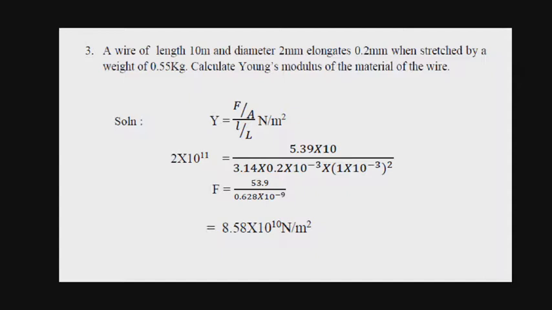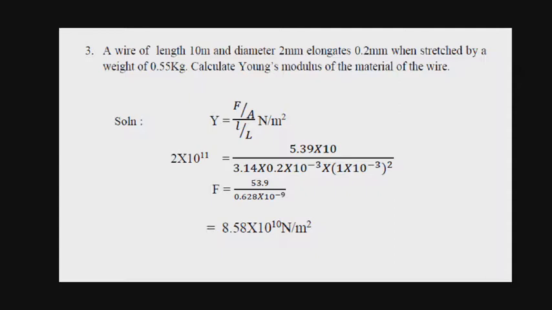Small l is equal to 0.2 millimeter, which is equal to 0.2 into 10 to the power minus 3 meter. F is equal to 0.55 into 9.8, which is equal to 5.39 Newton.